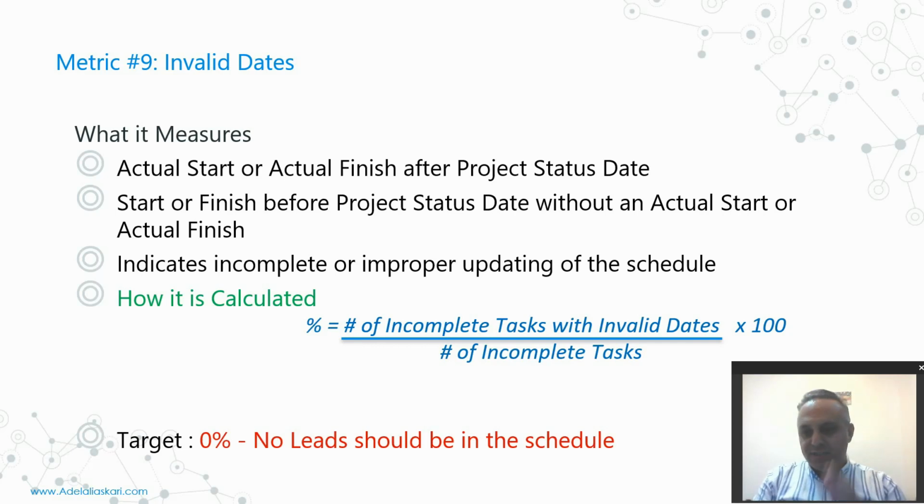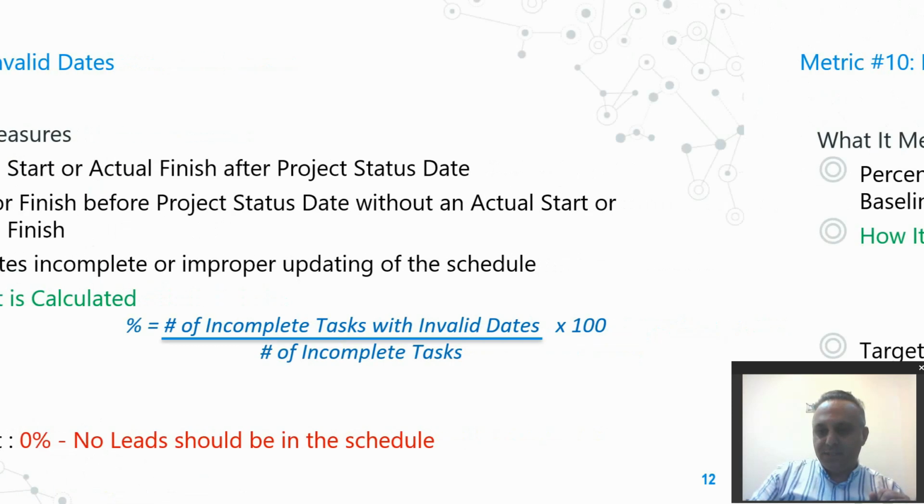Please pay attention: the status date means the cutoff date, the date that you gathered the information or updated your project. If you have any activities with an actual start or actual finish after the cutoff date, we call it invalid dates, and you have to resolve all the invalid dates in your time schedule plan.